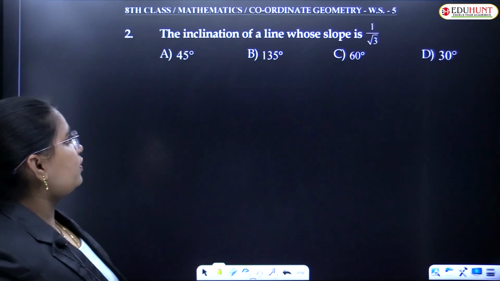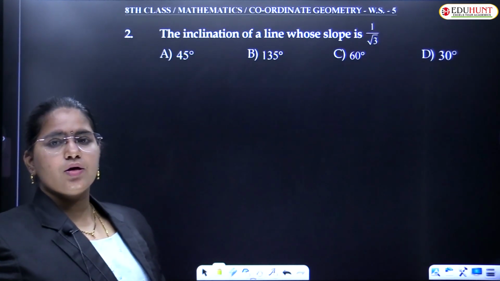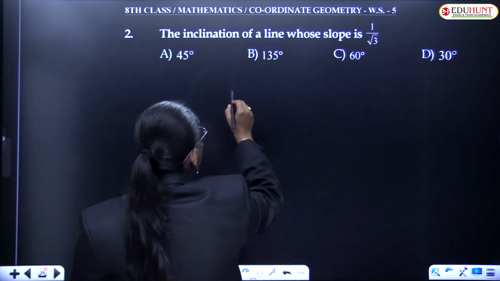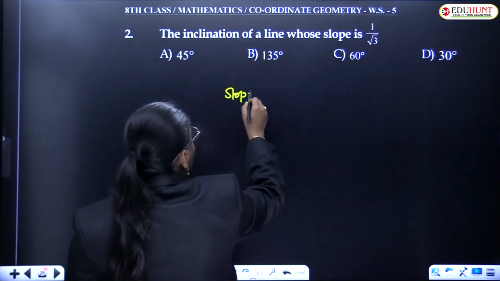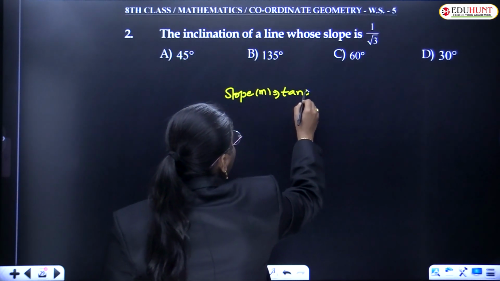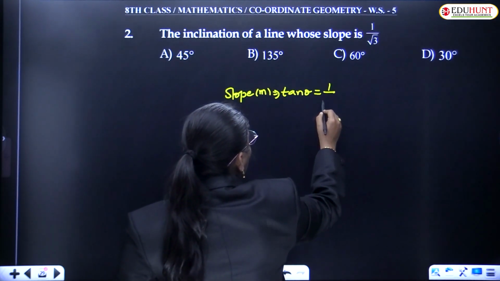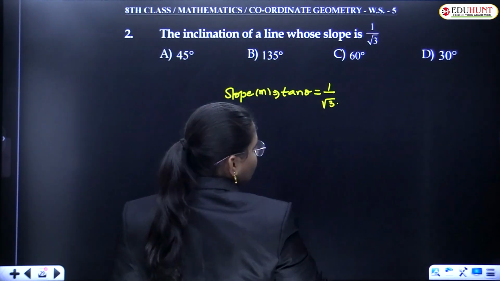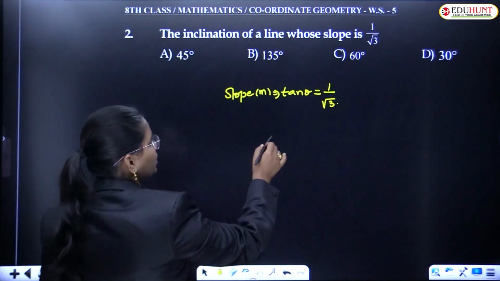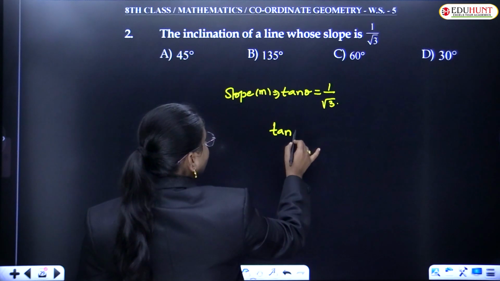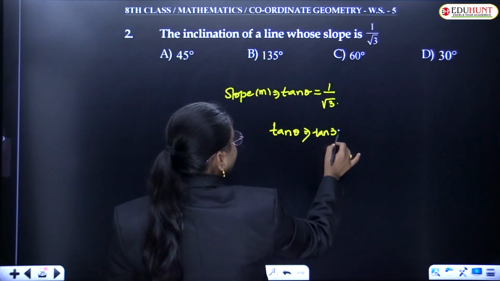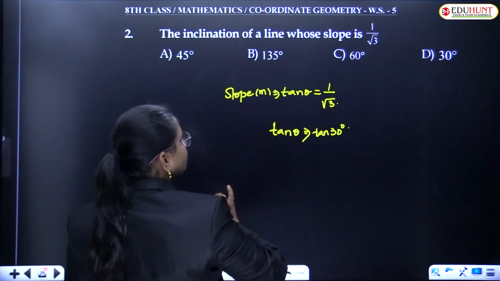The inclination of a line whose slope is 1 by root 3. Again, slope is given, denoted with m, and tan theta is equal to 1 by root 3. At which particular angle does tan become 1 by root 3? Tan 30 degrees is 1 by root 3.